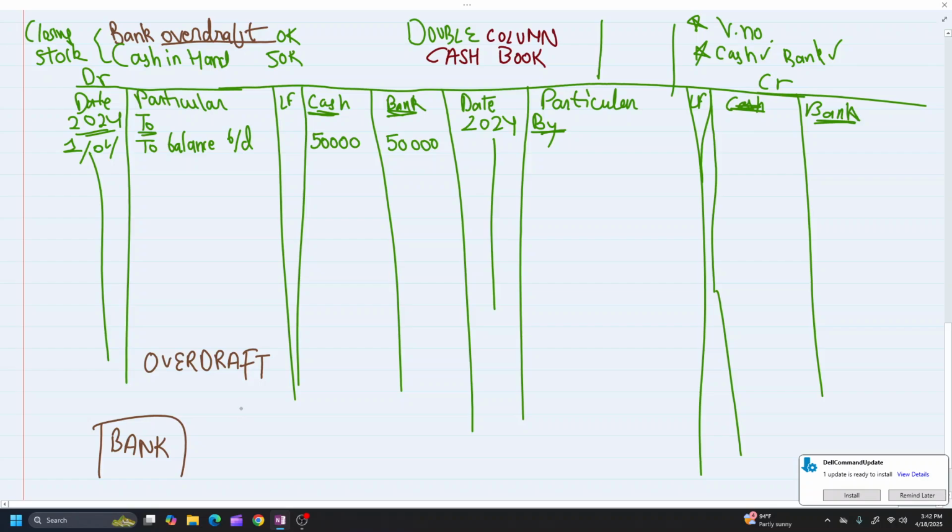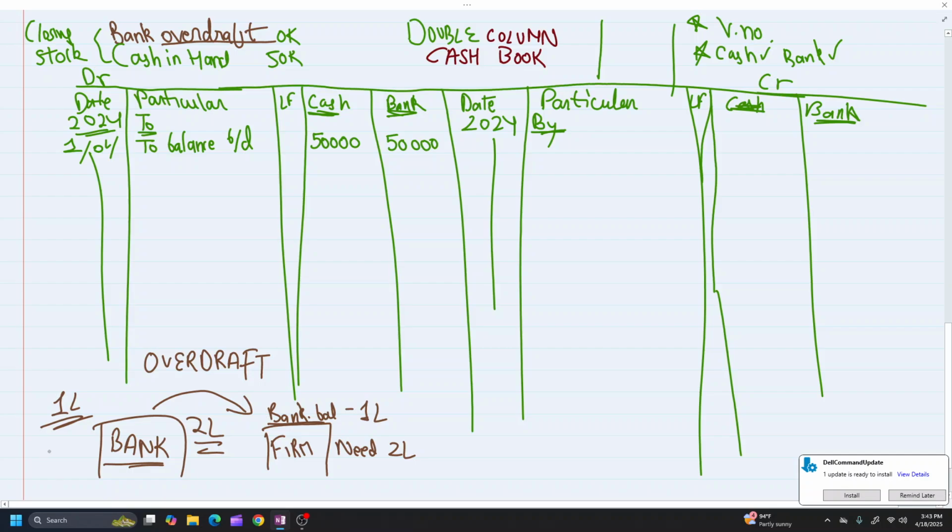They get this luxury, you can say, that if the bank balance is, let's say, 1 lakh and the need is 2 lakh, even if their bank balance is 1 lakh only, they can take 2 lakh from the bank, and it won't be recorded as a loan. I'm not applying for a loan and then getting the loan, but I'm just taking out 2 lakhs and the bank is allowing me to take 1 lakh extra.